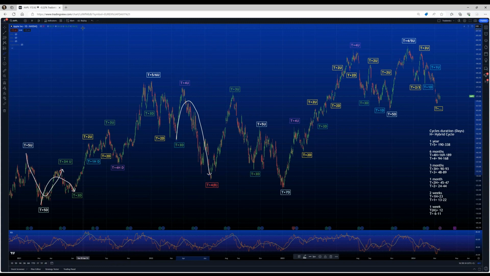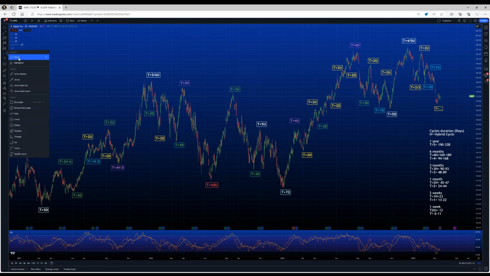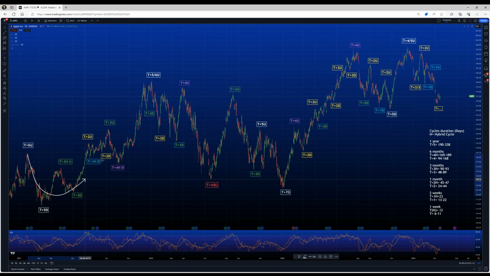But we can also have an upward positive cycle. Like in this case, we have an upward cycle where its extreme top ended higher compared to the top from which it started. So in this case, it's positive.